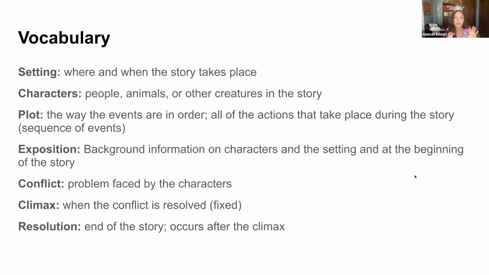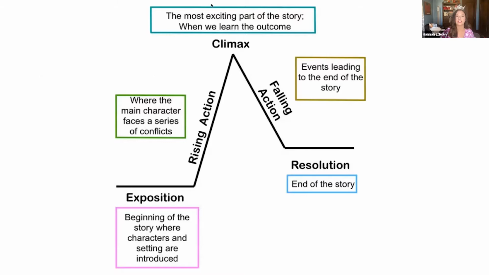So to kind of put this vocabulary into action, we're going to look at this plot. And so what you'll see right here is our narrative writing structure. At the beginning, you have an exposition. That's where the characters and the setting are introduced. That's what's happening at the beginning of your story. And then you're rising up.